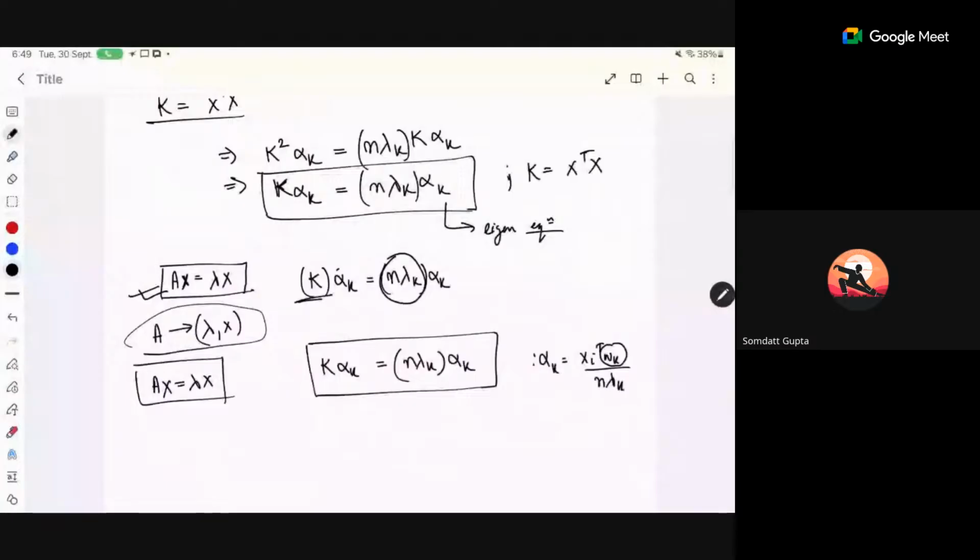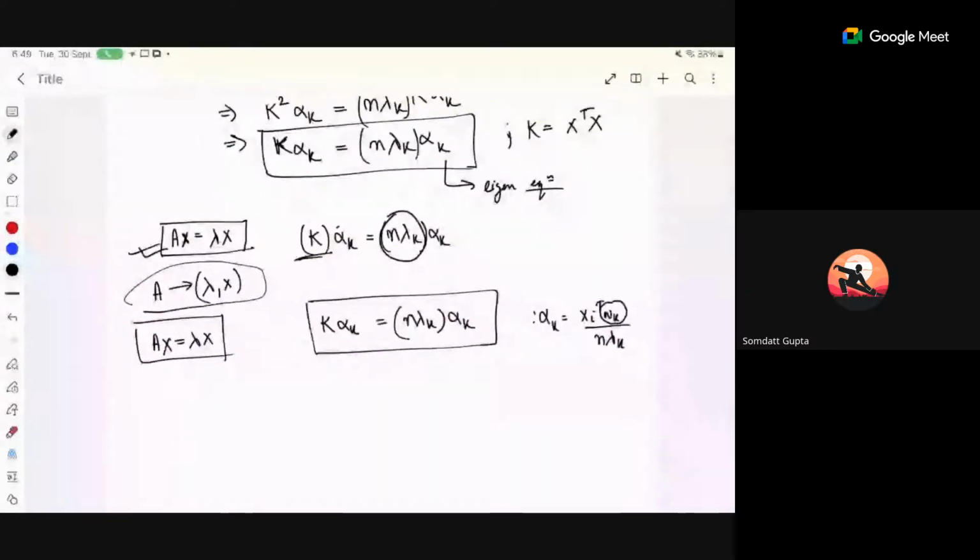And if you remember, we want the eigenvectors to have length 1, right? So keeping in mind that the norm of WK has to be 1, what other condition can we put on alpha k?